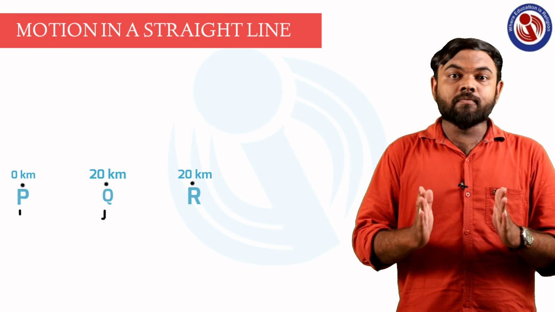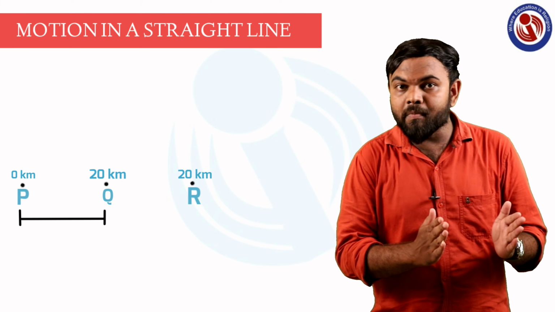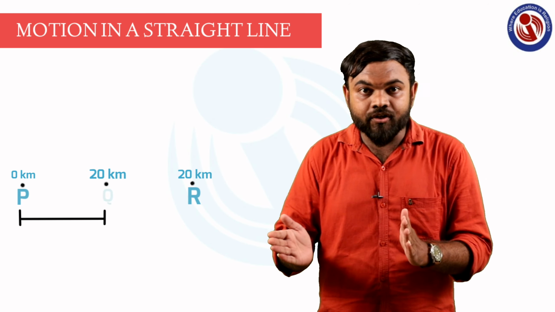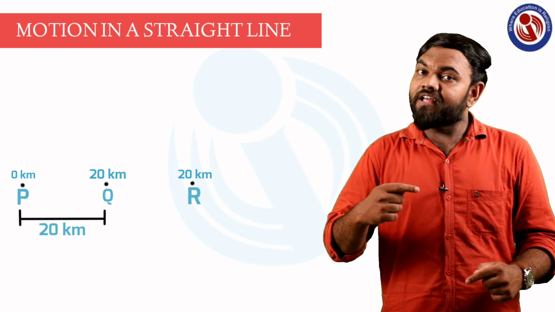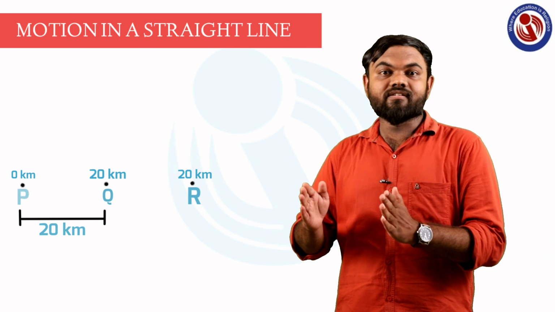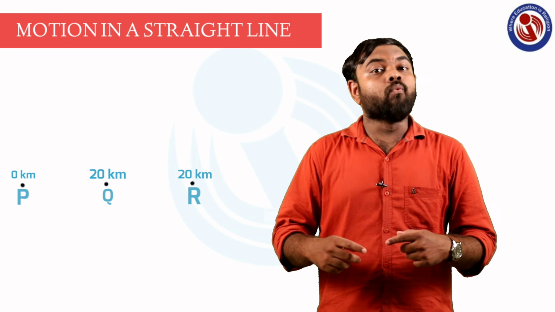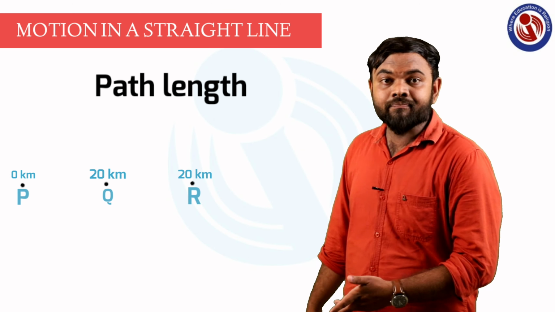What is the displacement between P and Q? It is 20 km. Why? Because displacement is the distance between ending point and starting point. Now, what is the path length for the same example?